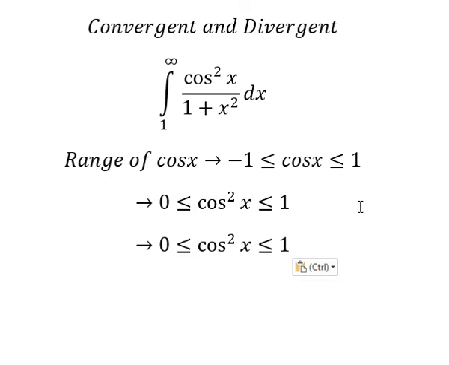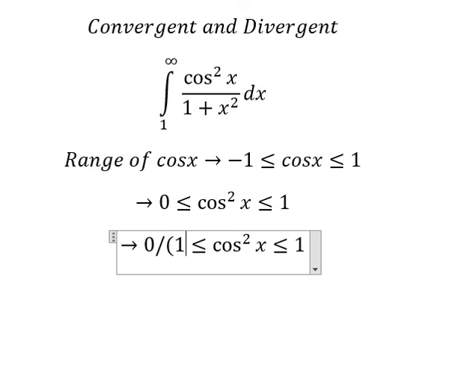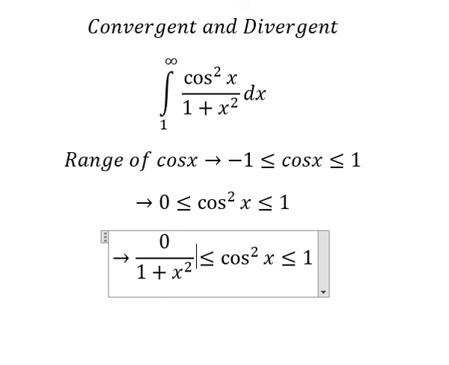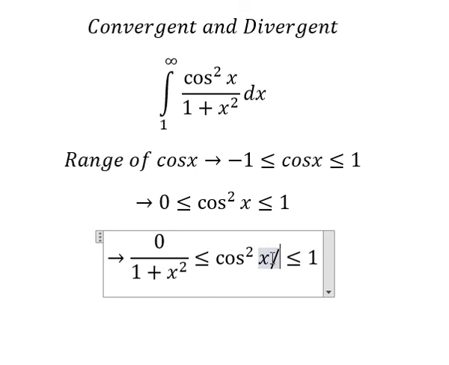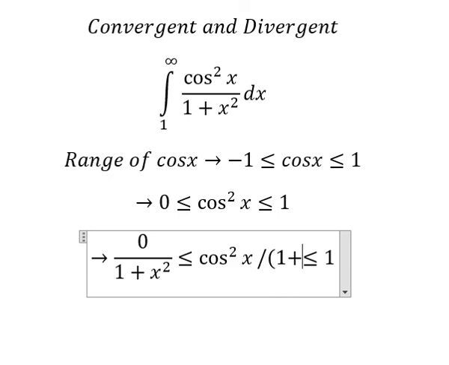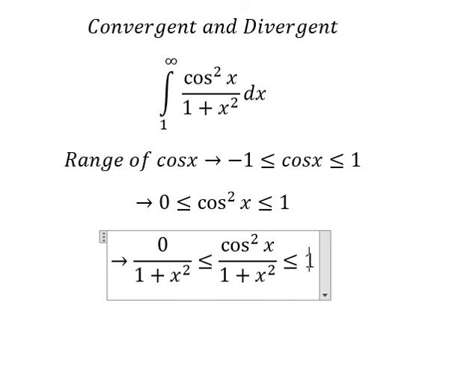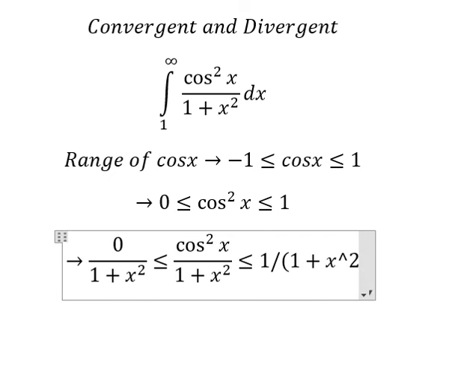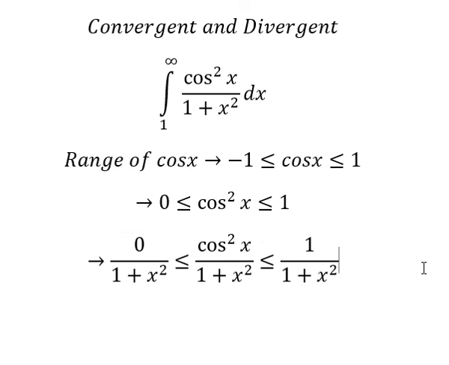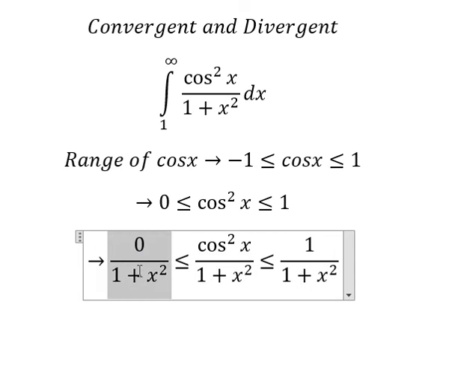Now we divide both sides by 1 plus x squared. We know that this one is still about number 0 in here.